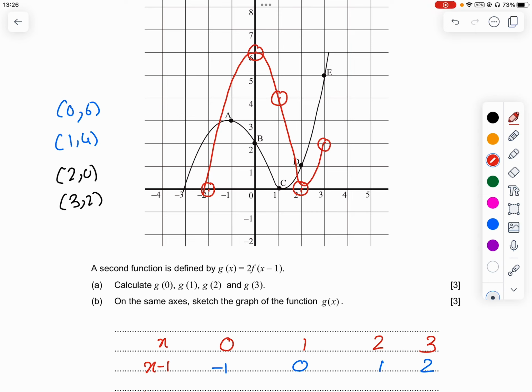My graph will look approximately like this.